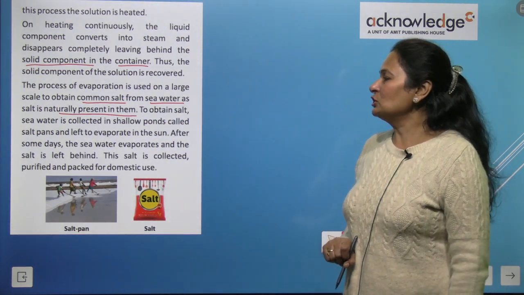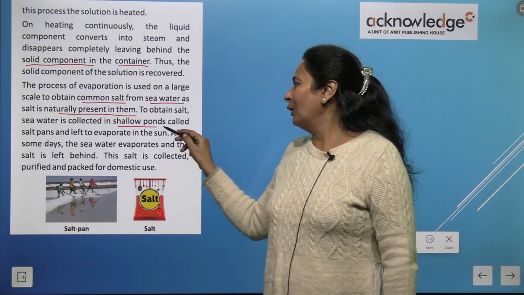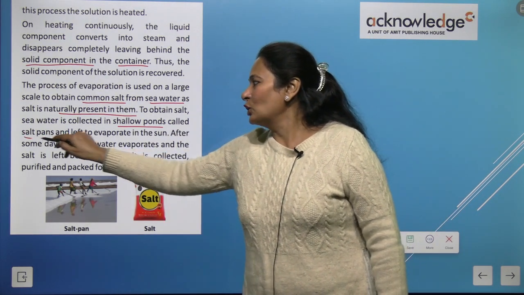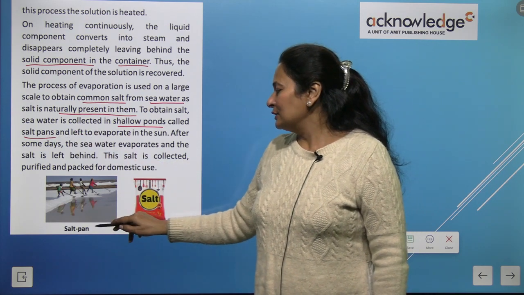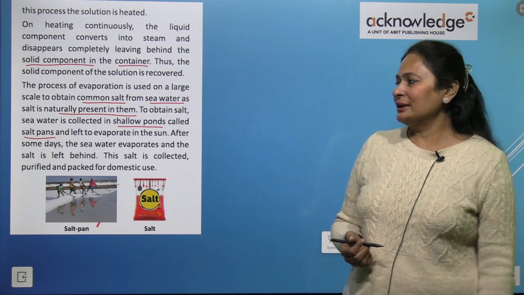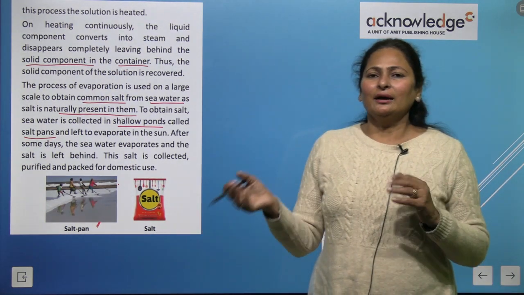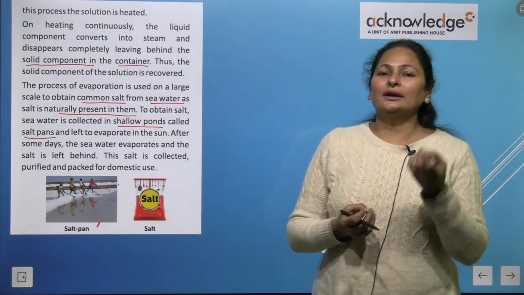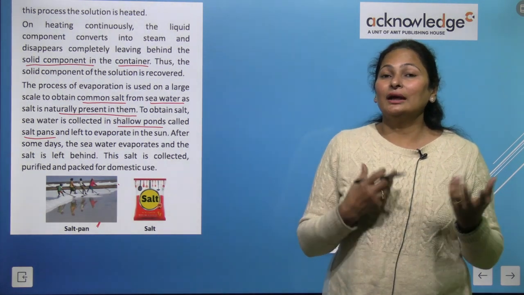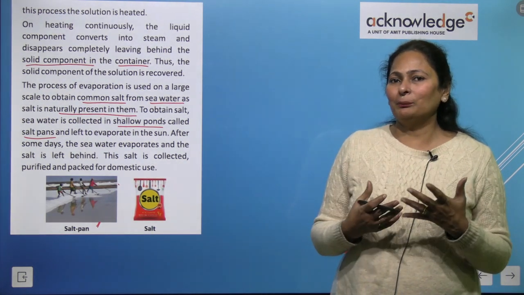To obtain salt, the seawater is collected in shallow ponds called salt pans, right? So these are the salt pans in which the seawater is collected and left there, and the water gets evaporated with the help of sunlight, and it keeps on evaporating.